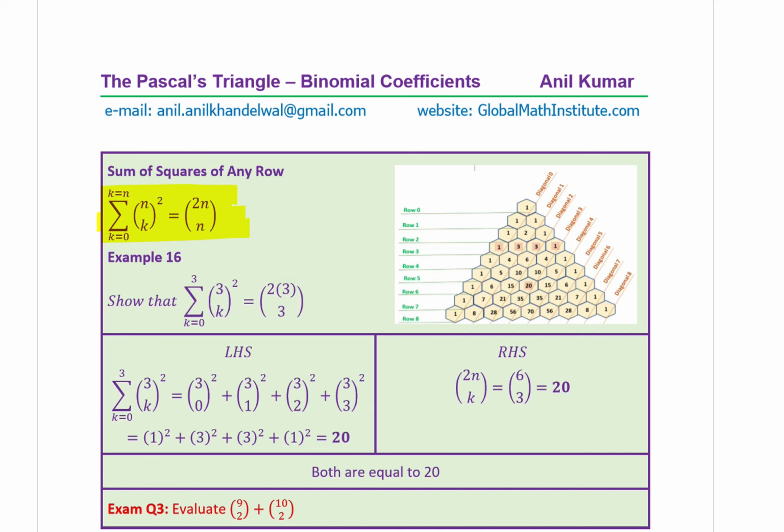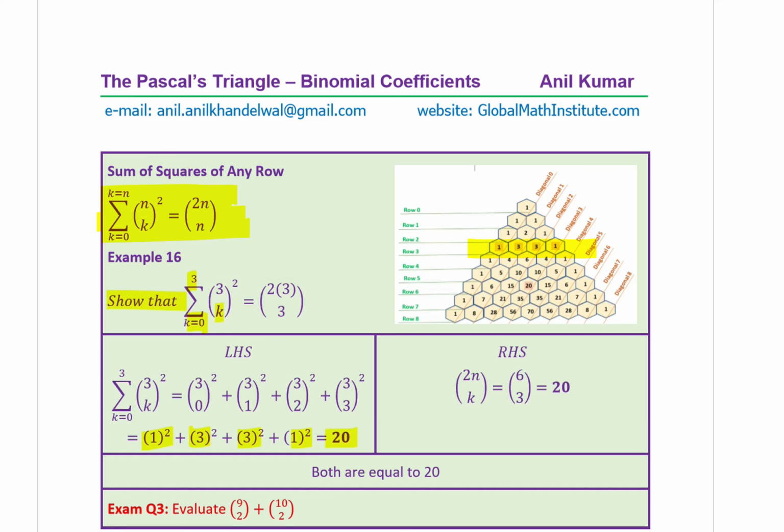Now the question here is, show that the sum, sigma notation, I hope you are very clear with, where k changes from 0 to 3, of 3 choose k whole squared. So every number you have to square, right? 3 choose k is this particular row we are talking about. The numbers are 1, 3, 3, 1. And when you square them, you get 20 as their sum.